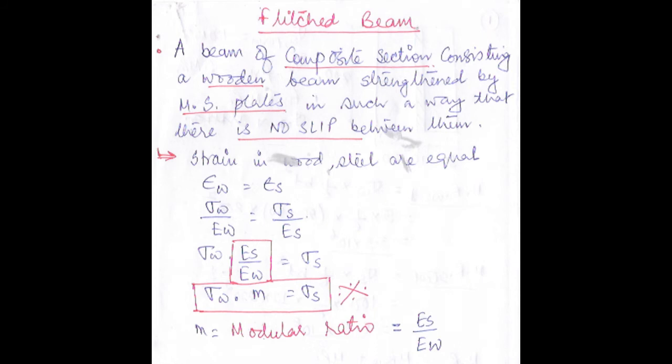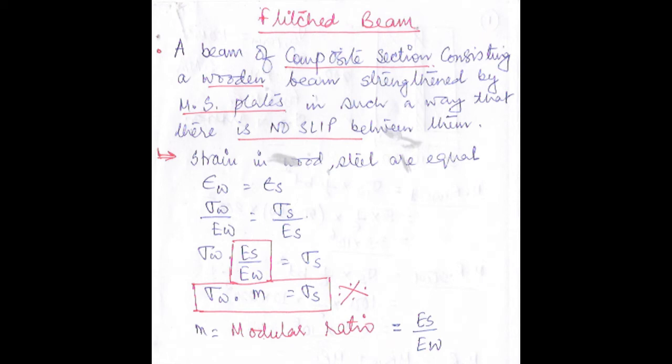Sigma S is equal to sigma W into ES by EW. This ratio ES by EW we denote as small m, the modular ratio. So sigma S is equal to m into sigma W, where m is the modular ratio.